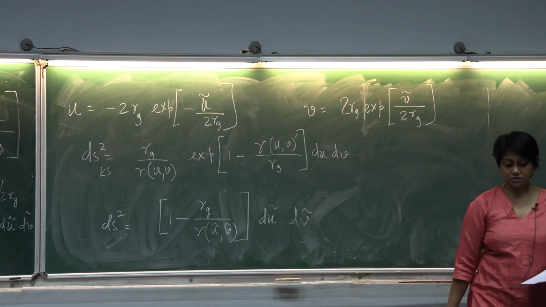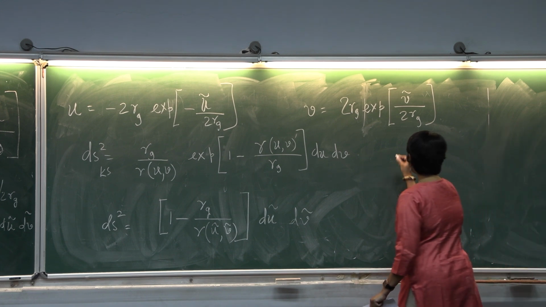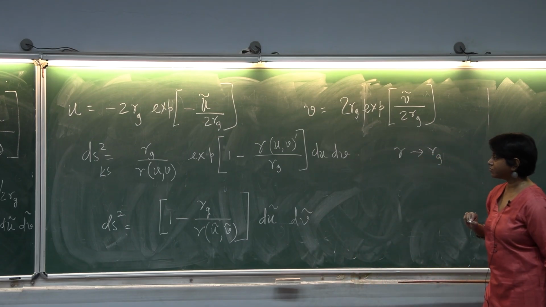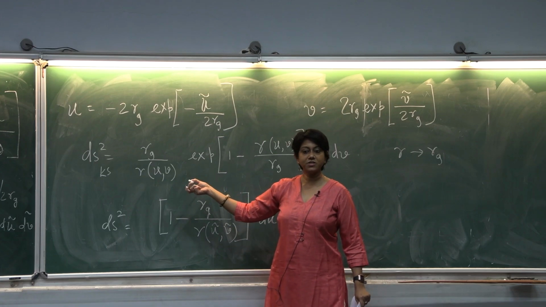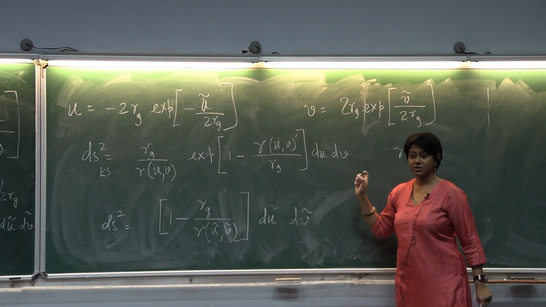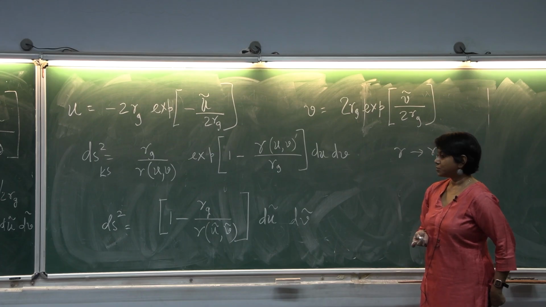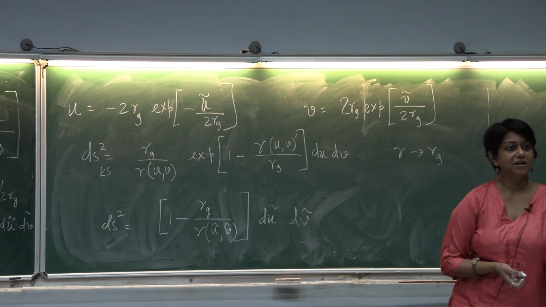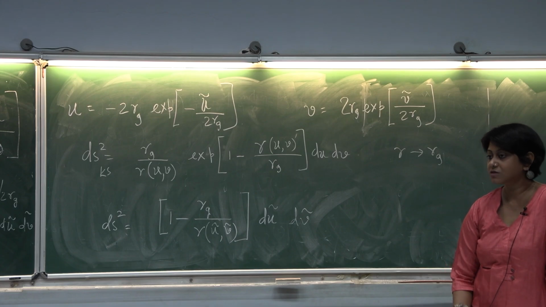So this is where you can tell me that if my r is going to Rg, the form of the metric is quite nice. It is near the horizon. This metric looks like du dv, right? So another space-time we have in our mind which looks like du dv in its null coordinates, that is Minkowski space-time.